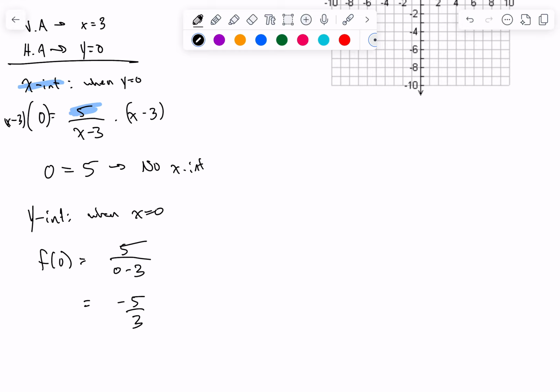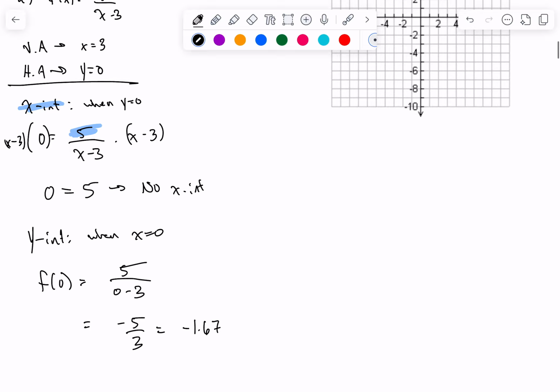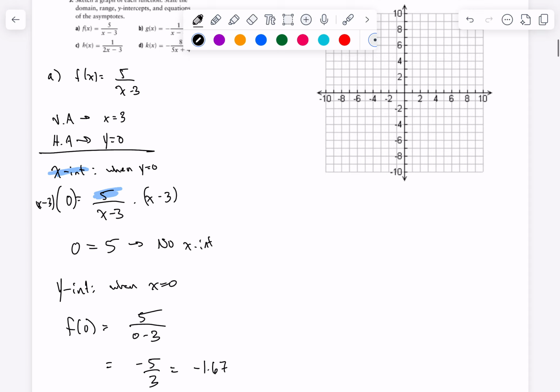Okay, so everything from your vertical asymptote to your horizontal asymptote, all that stuff. Sorry, we should probably say this is negative 1.667, somewhere in there, negative 1.7. So just put all this information on there. You've got a vertical asymptote at 3.